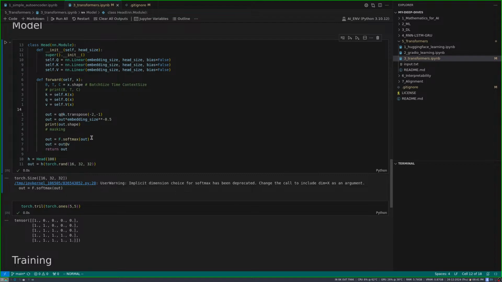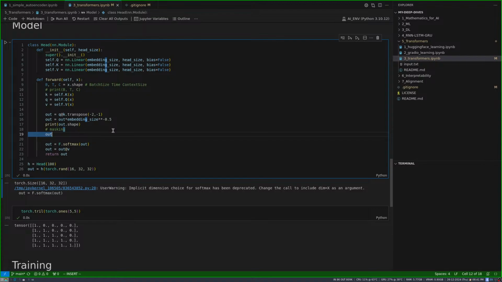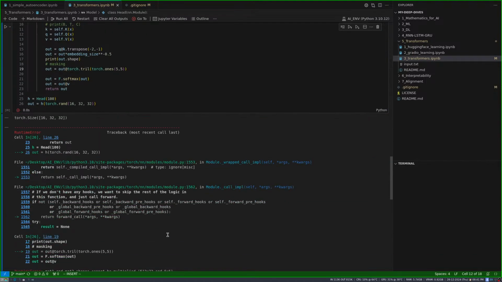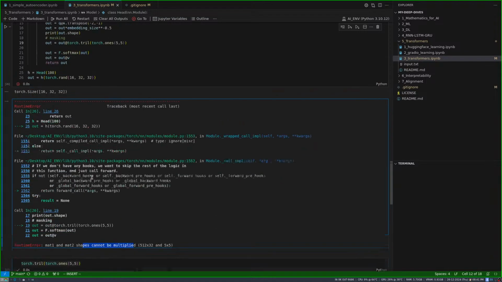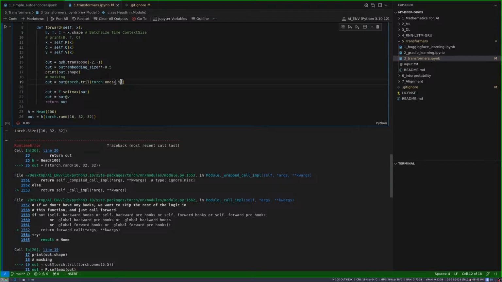I mean, out equals multiply out by this line. No, matrix cannot be multiplied. 5 by 32 and 5 by 5. This is a 32 by 32.